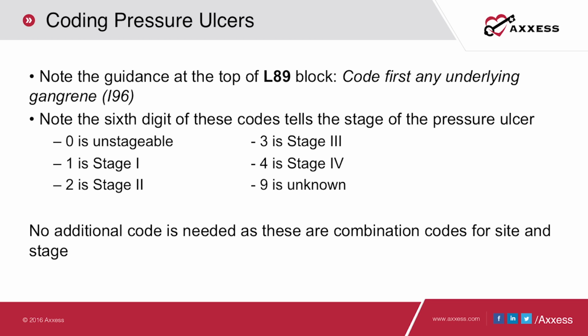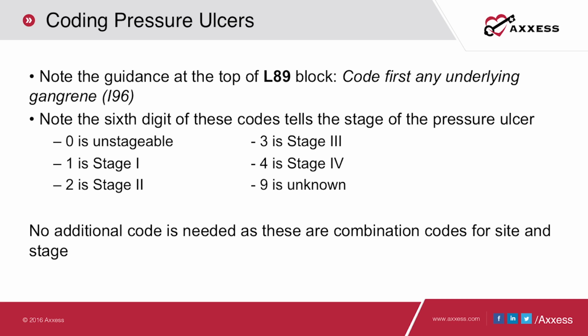Now I want you to look over in your code book at the top of the L89 chapter block. Look at that guidance, and you're going to see it says code first any underlying gangrene. So if you have a pressure wound or any other kind of wound for that matter, but pressure wound especially, the guidance tells you if this pressure wound has gangrene, you're going to first code gangrene, then you're going to code the pressure ulcer.